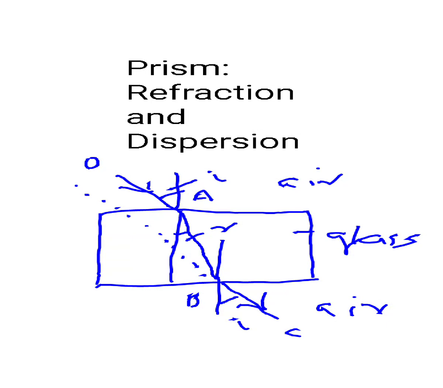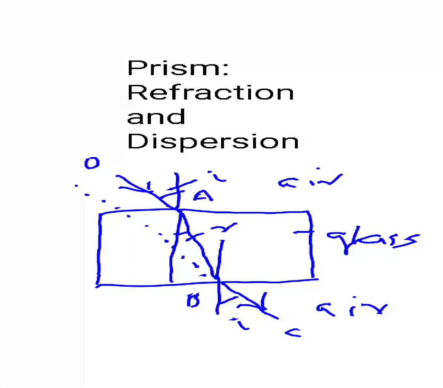There could be some scenarios where it is emerging out into something else, not air, and then the scenario would be different, but now it is air. So the emergent ray, which is here, we can show it like BC. If we make a dotted line, it is parallel to OA.